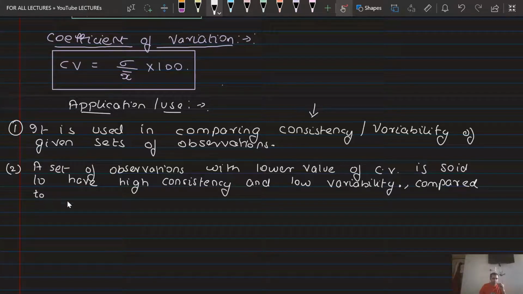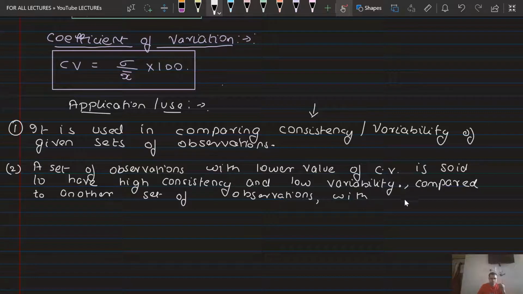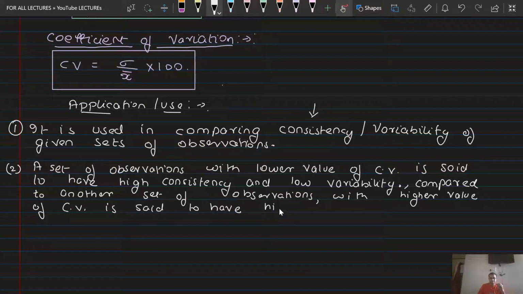compared to another set of observations which has higher value of coefficient of variation, is said to have high variability and low consistency.